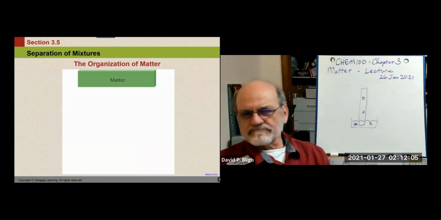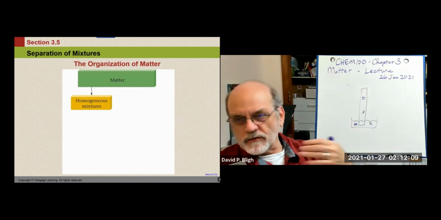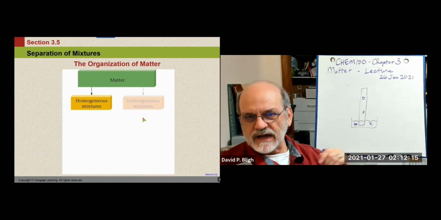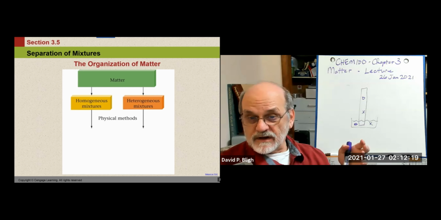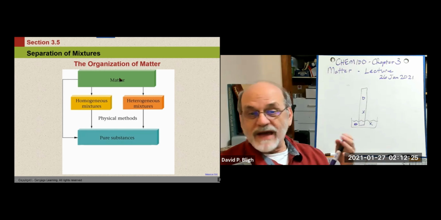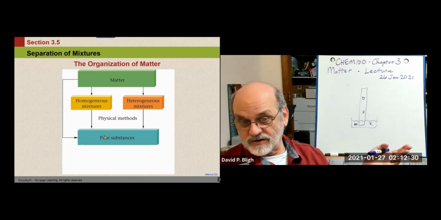This is just a schematic to sort of organize what we've talked about before. Matter can be a homogeneous mixture, it can be a heterogeneous mixture. By physical means, you can separate either one into a pure substance. Or the matter might already be a pure substance, in which case we bypass the mixture.